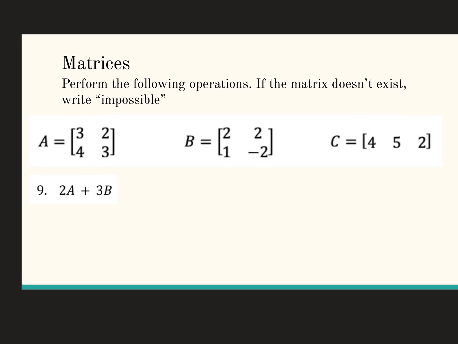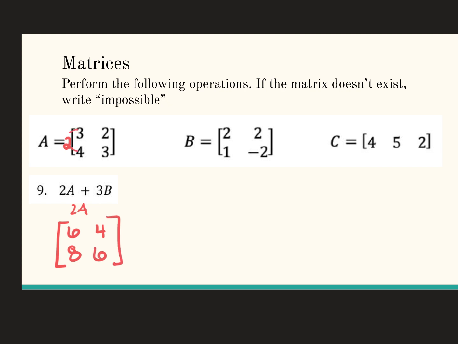This has a little multiplication going on. So what it wants me to do first is multiply 2 times A, and then multiply 3 times B, and then add those together. So when you're multiplying, everything in that matrix gets multiplied by that number. So my 2A is actually going to end up being 2 times 3, 6, 2 times 4, 8, 2 times 2, 4, 2 times 3, 6.